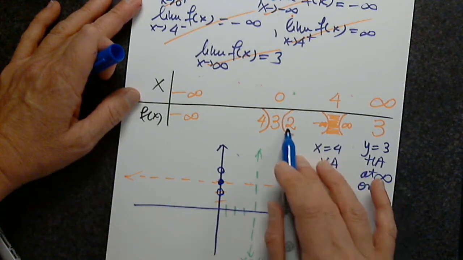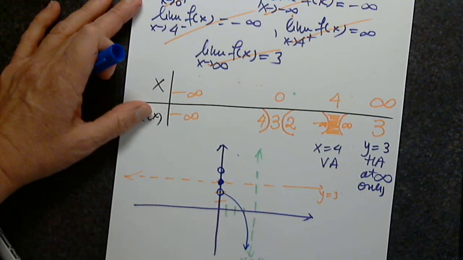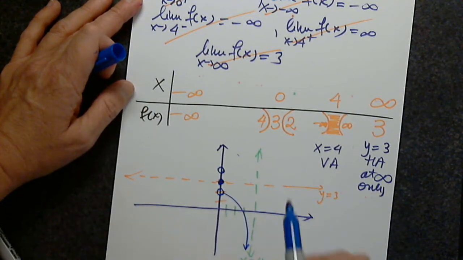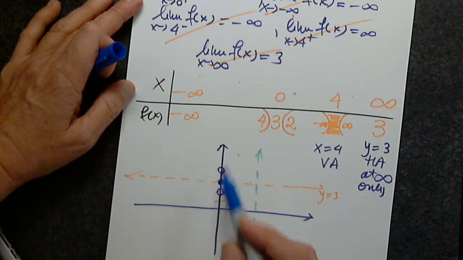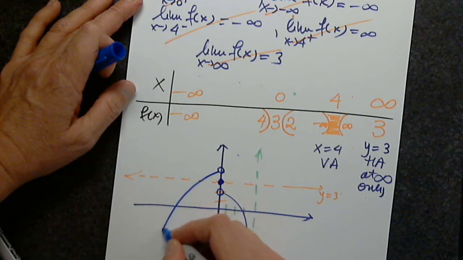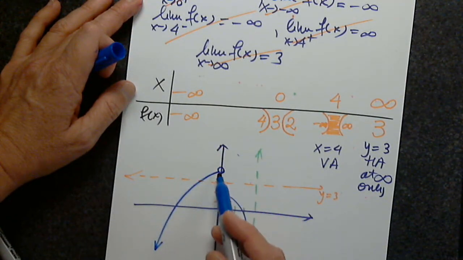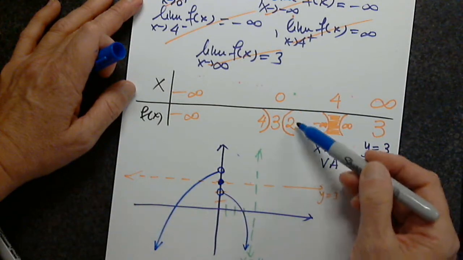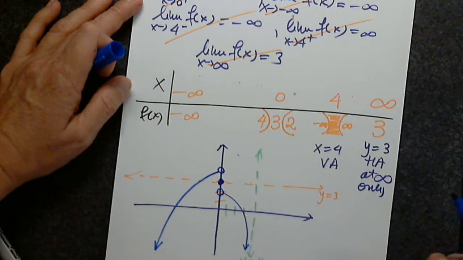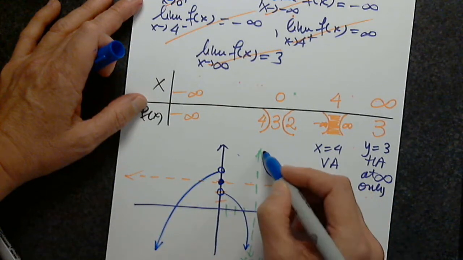I'm going to come up with this piece that I like this way. Then I'm going to come up with this piece that I like this way. Zero, 3. Okay, and now the final step is on this side. And here's my graph.